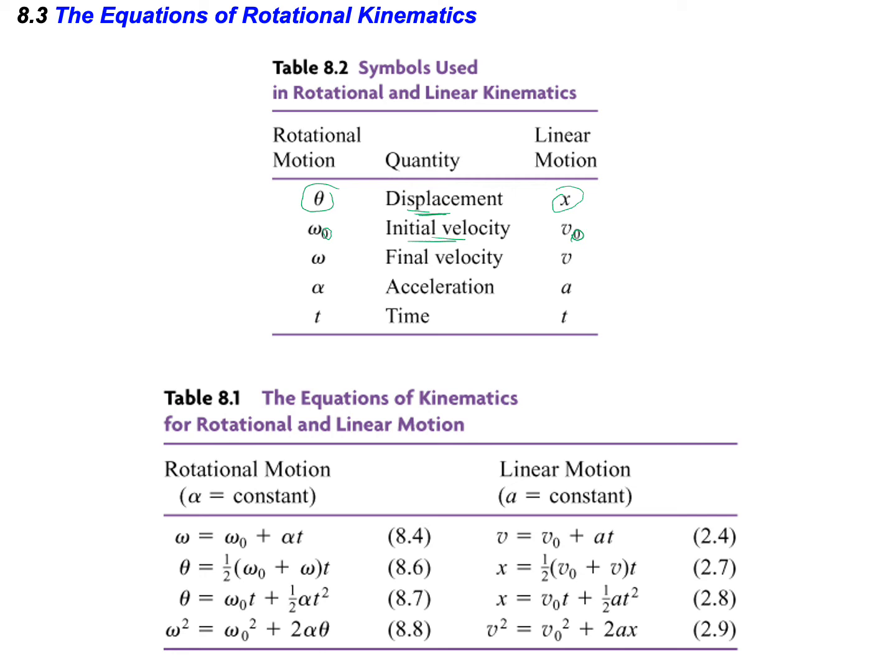And acceleration, we use a for acceleration in linear motion, and we use alpha for acceleration in rotational motion. Time t we use for both cases, and these are the equations for linear motion and rotational motion. So you have to have a good understanding of each variable, initial and final, and acceleration, and also the velocity.